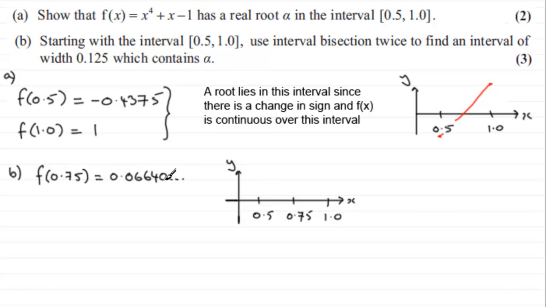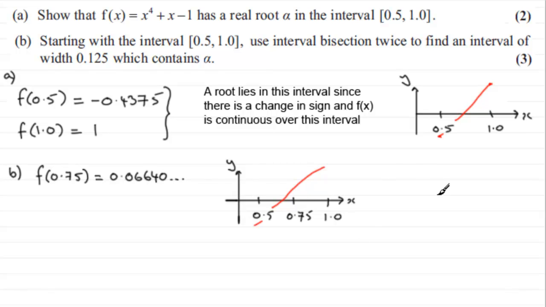So a positive value. So that's telling us that we had a negative value at 0.5, we've now got a positive value at 0.75, so the curve must have come up through here, carried on. So our root then lies in this interval from 0.5 now to 0.75.